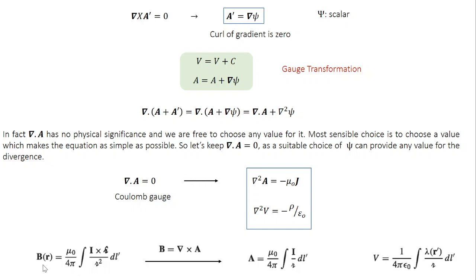Now from the Biot-Savart law, we know that in the case of line current, magnetic field B equal to mu naught by 4 pi integral I cross r cap by r square dl prime. Since B equal to curl of A, I can write A equal to mu naught by 4 pi line integral I by r dl prime.